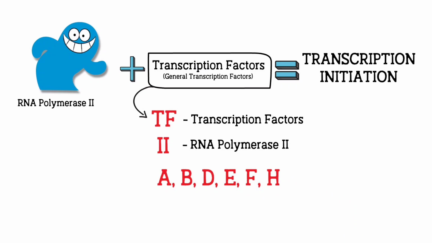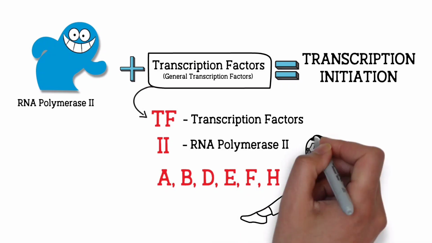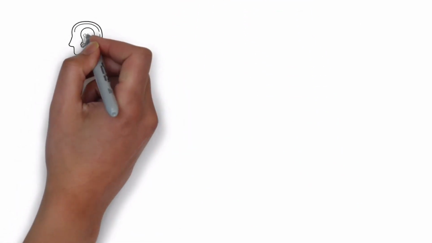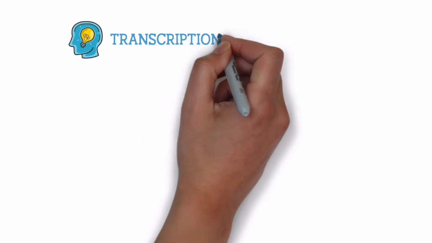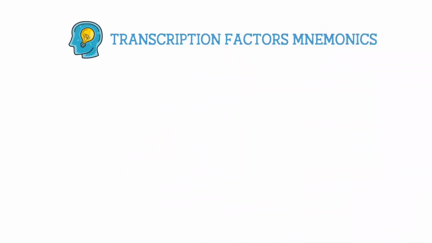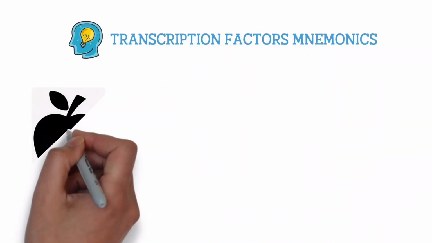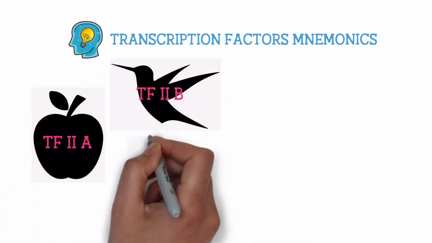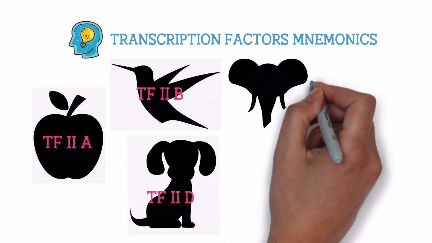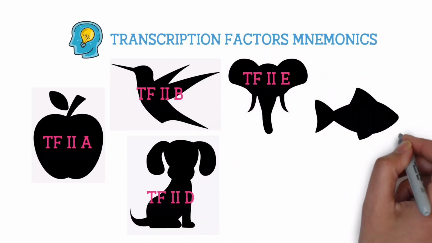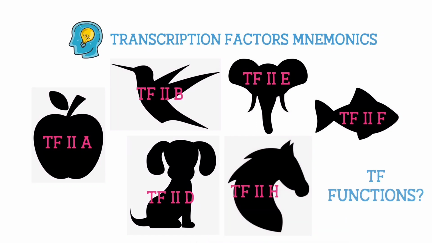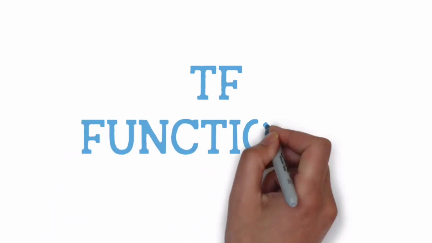Because there are so many transcription factors involved in eukaryotic transcription, it would be easier to memorize them with the help of the following mnemonics. For example, the mnemonic for TF2A is apple, TF2B is bird, TF2D is dog, TF2E is elephant, TF2F is fish, and TF2H is horse.